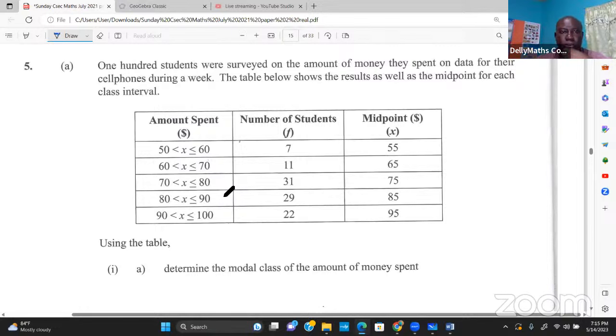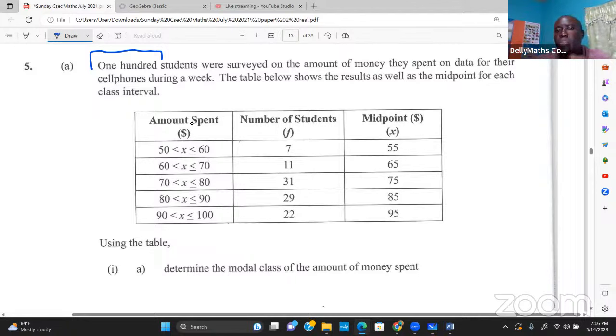Here comes our statistics. So it says, let me pull this out. Very good. All right. So the question says 100. So we are told, let me mark it. 100 students were surveyed on the amount of money they spent on data for their cell phones during a week.